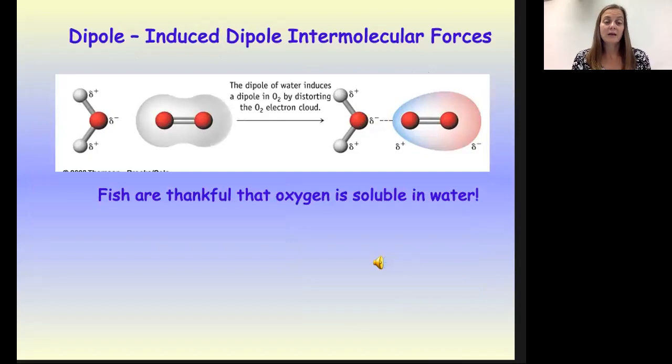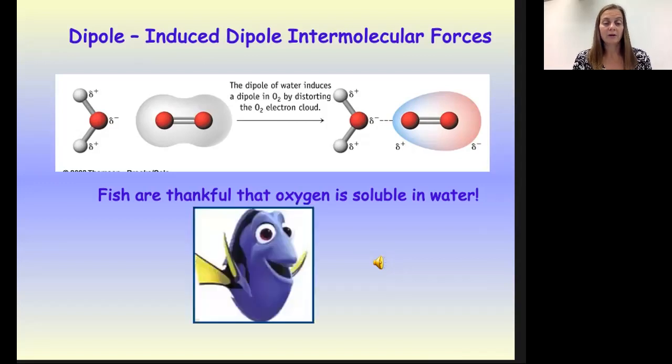And this causes an attraction between the permanent dipole and what we call an induced dipole or a temporary dipole. And this is why some nonpolar substances like oxygen do dissolve in water, because water is such a strong dipole that it can actually dissolve nonpolar substances. And we know that fish are very grateful that oxygen is soluble in water. Otherwise, they would not be able to just keep swimming.